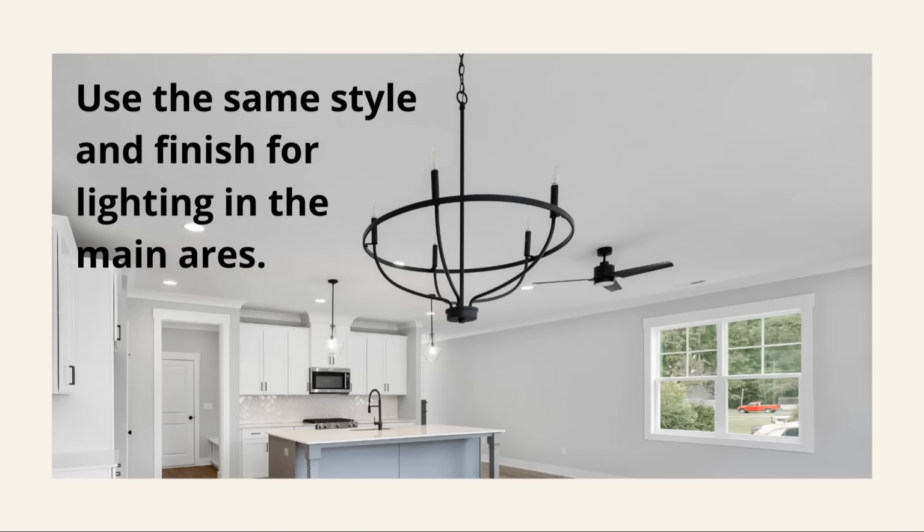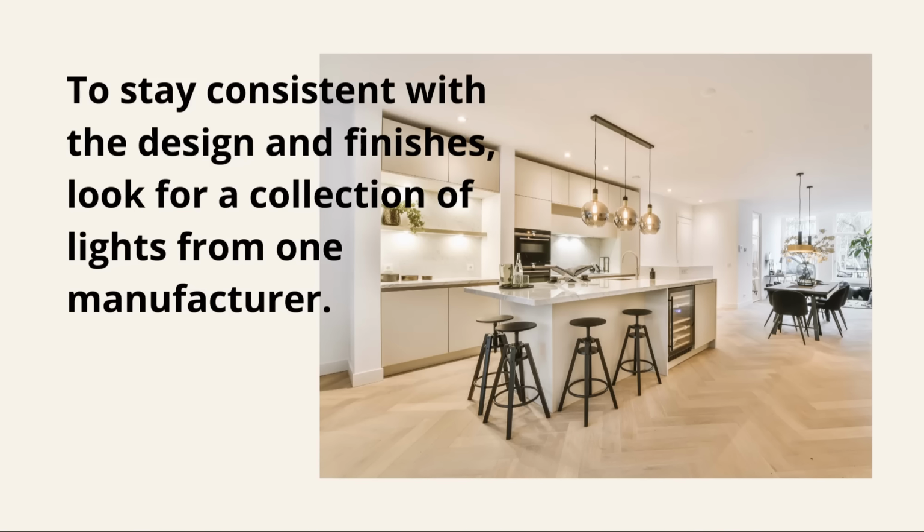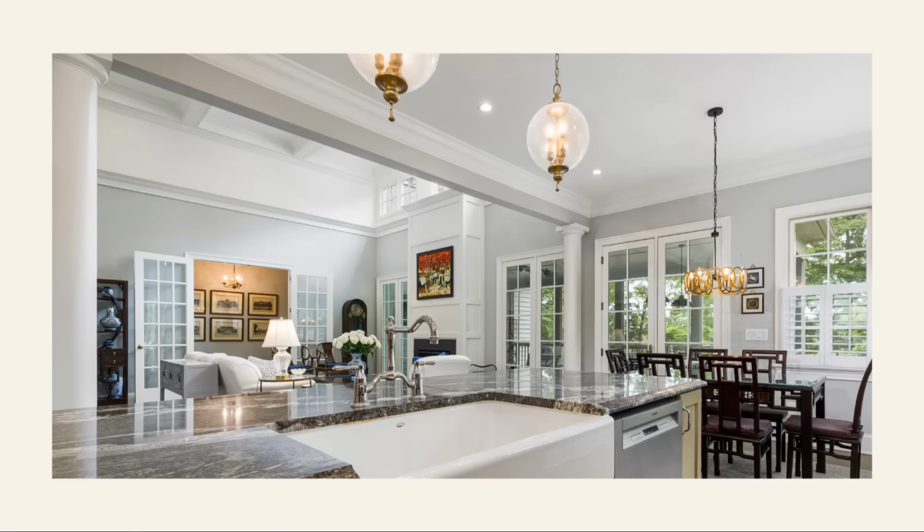Lots of times it's helpful to even purchase a group of light fixtures from the same manufacturer, because in that way the styles are going to be consistent. And also to stay within one type of finish, because repeating that style and those finishes throughout those main areas helps to connect each room, creating harmony from room to room.